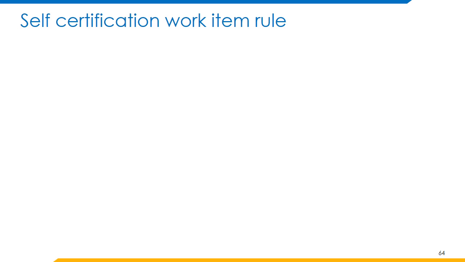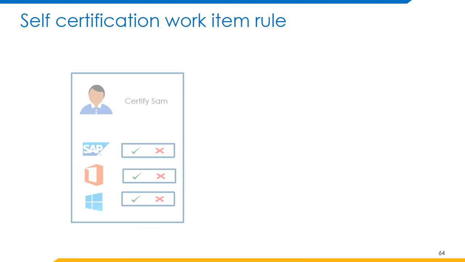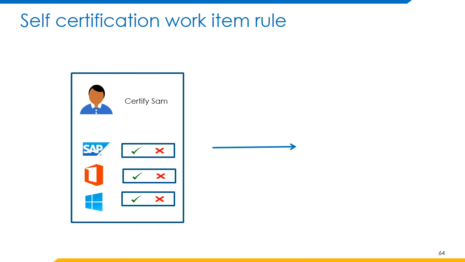Self-certification work item rule. The self-certification work item rule is a rule that is specific to the certifications. This deals with a scenario when a certification creation or escalation has brought a situation where the identity shall be self-certifying itself.